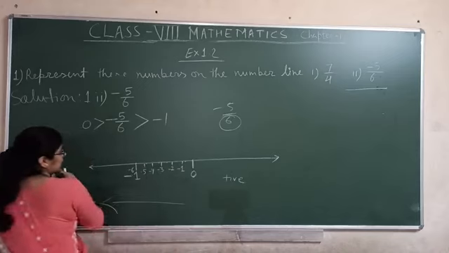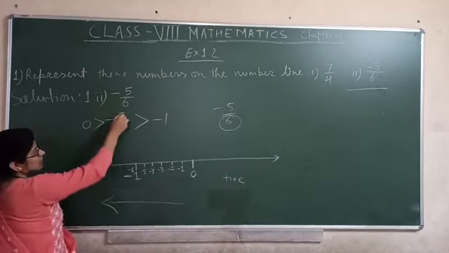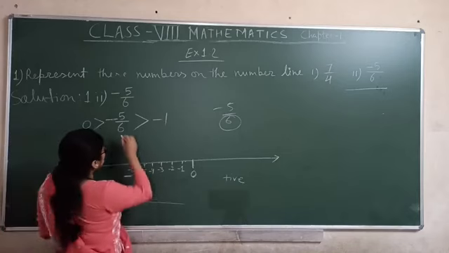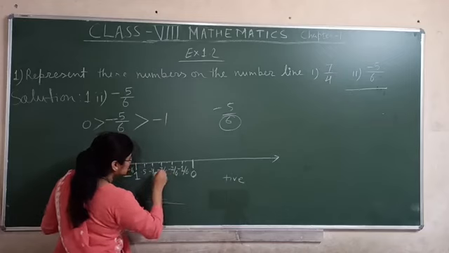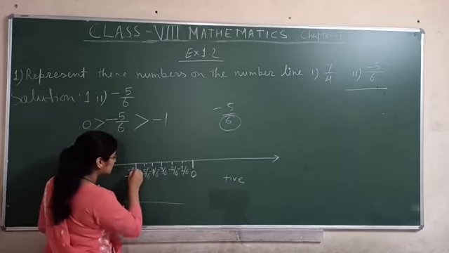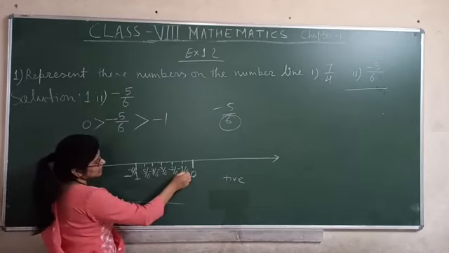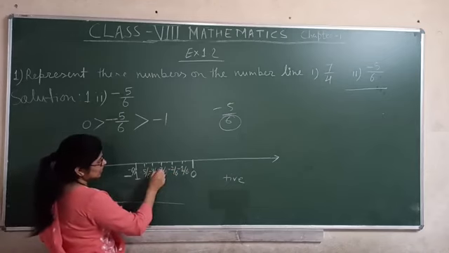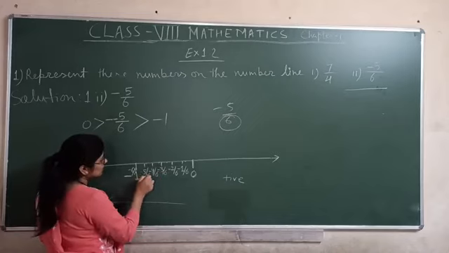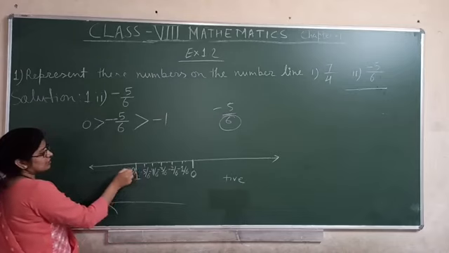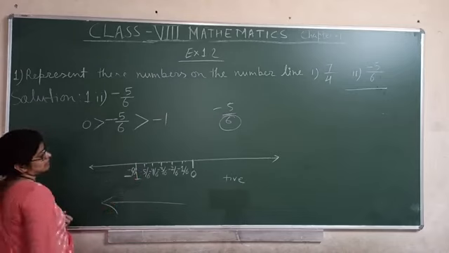It is negative so it will go this way, to the left hand side. If positive, it would go to the right hand side. This one is negative, so minus 1 by 6, minus 2 by 6, minus 3 by 6, minus 4 by 6, minus 5 by 6 and here 6, minus 6 by 6. 6 and 6 cancel out, so you get minus 1.